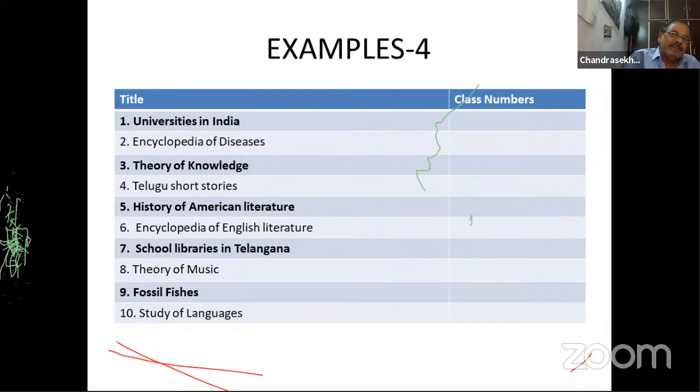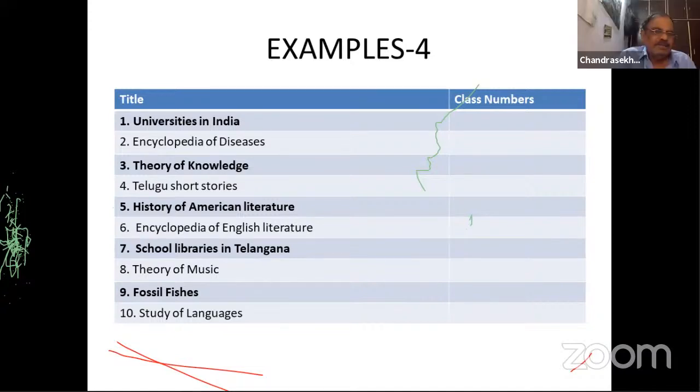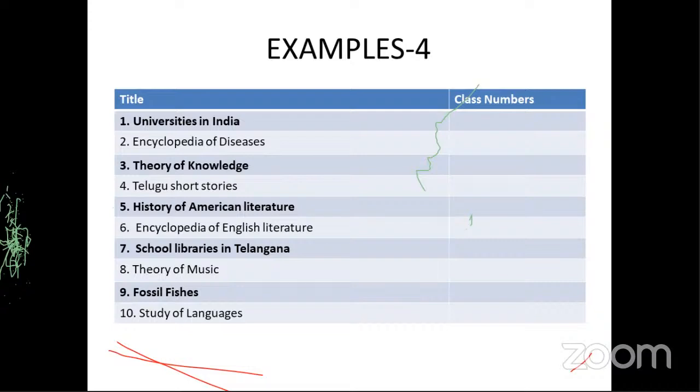That means paleontology of fishes is 567. Like that you can check and do. Sometimes it may be difficult to understand. If you have some basic subject knowledge, then you can easily give it. Otherwise, in such cases, don't waste time. Leave it, you have enough choices. Take whatever is simple.